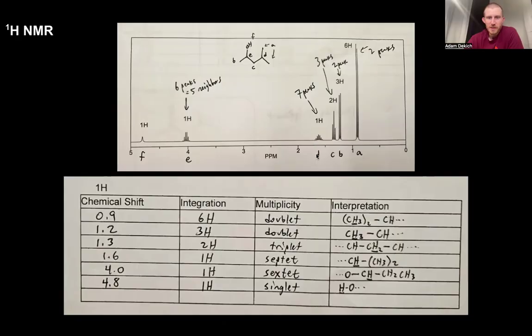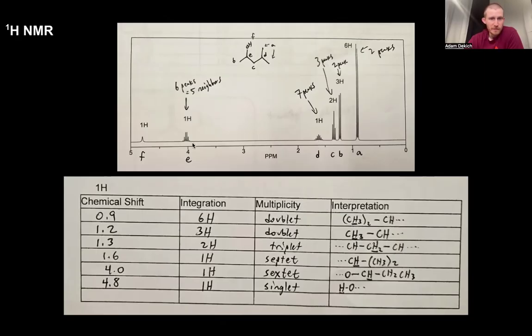At 1.6, this D, it has 7 peaks, which would indicate it has 6 neighboring hydrogens, which I would instantly suspect to be two methyl groups, which might mean that this peak and these peaks correspond to neighboring hydrogens. And we've only got one of these.